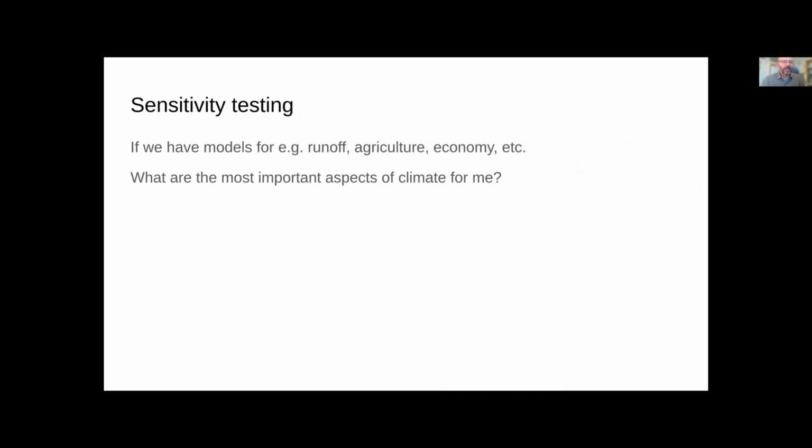Another approach is sensitivity testing, and we can apply this approach if we have some models, for instance, of runoff or agriculture or economy, and then we ask the question, what are the most important aspects of climate for me? And then you can use these models and feed them with observations that we have of temperature and rainfall.